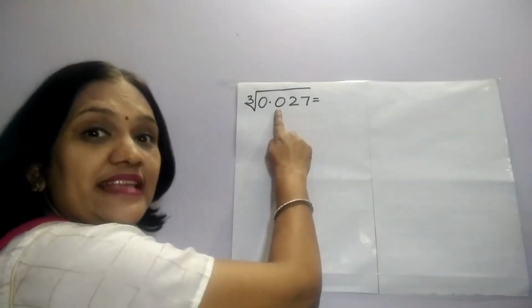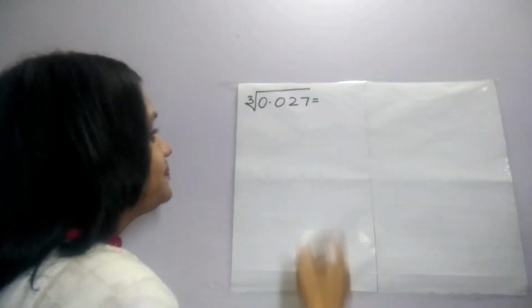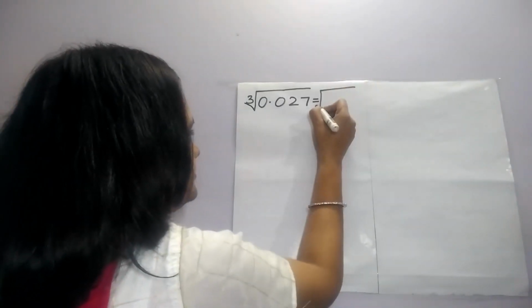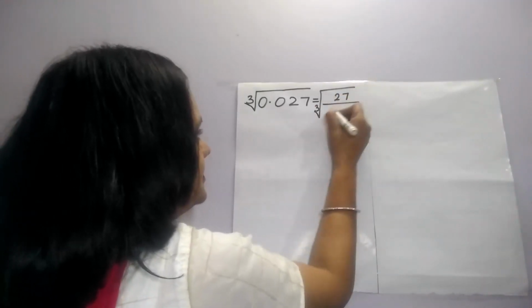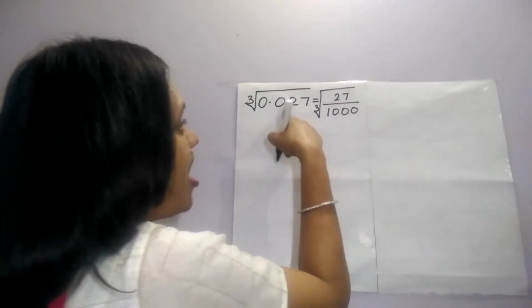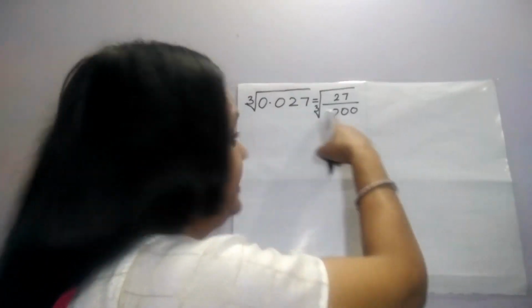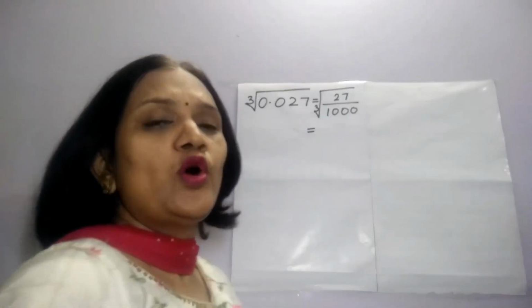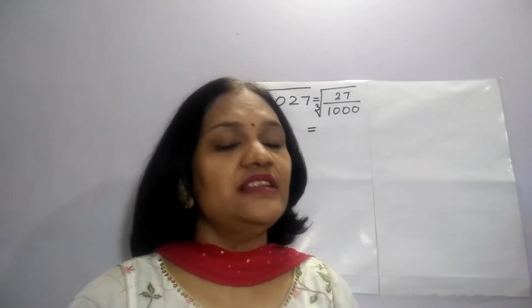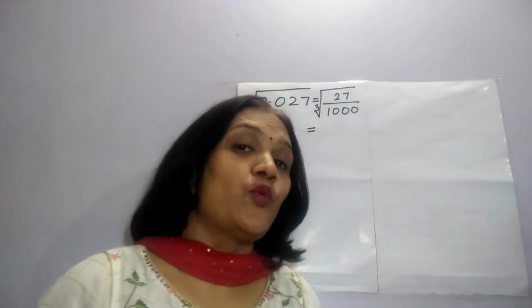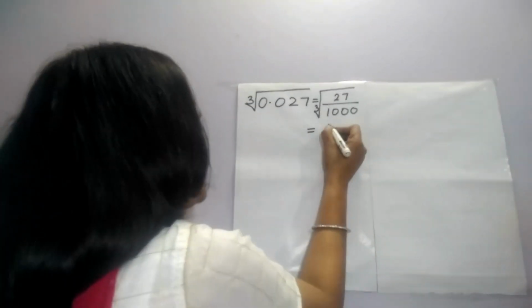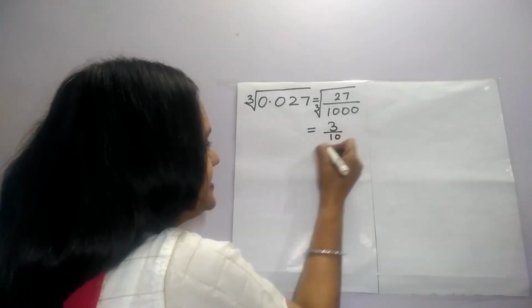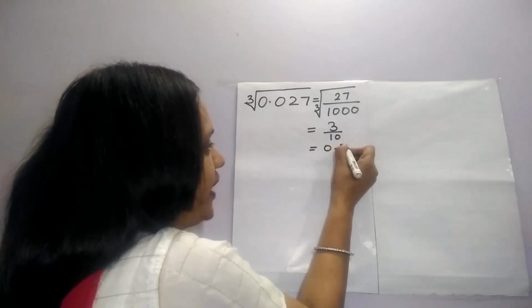We'll convert this decimal into a fraction. Since after the decimal 3 digits are there, there are 3 zeros in the denominator. Now, what is the cube root of 27? 3. What is the cube root of 1000? 10. So we are getting 3 by 10, which is 0.3.